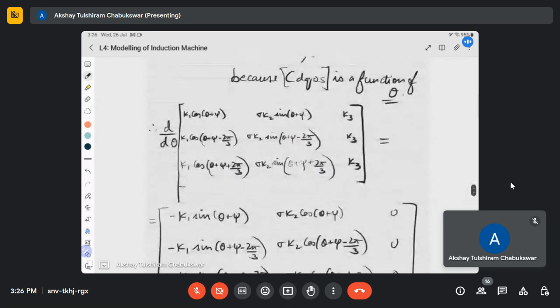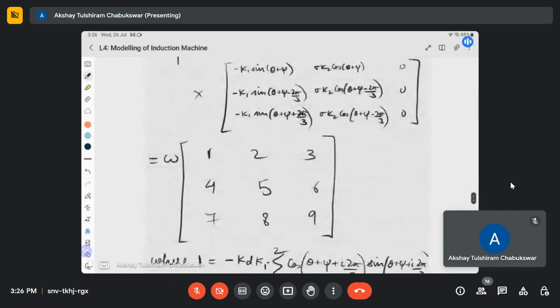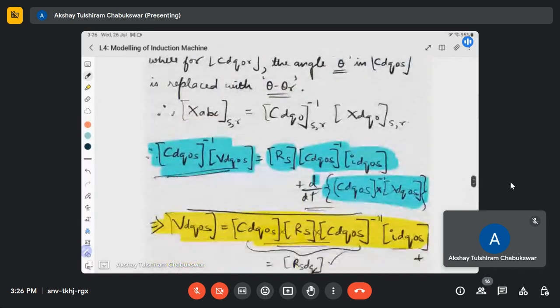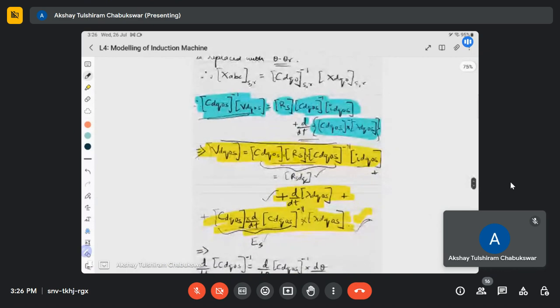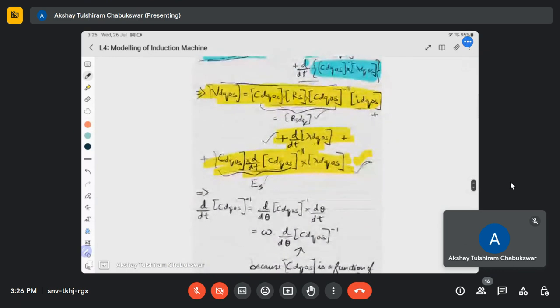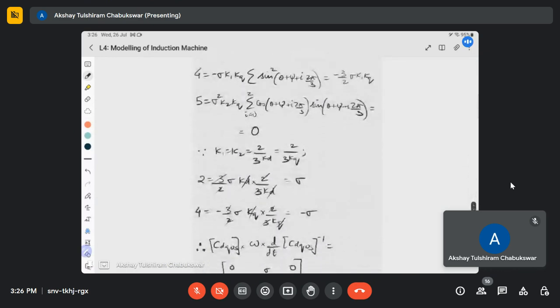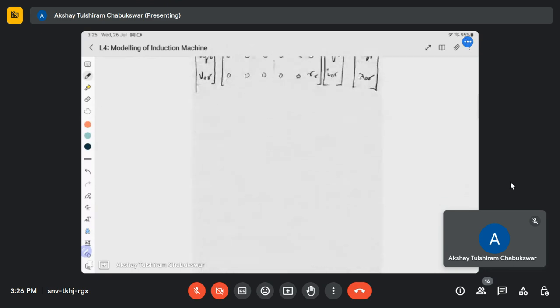Similarly, if you write the equations for the other voltage terms, I will write it differently, because it will be very confusing.